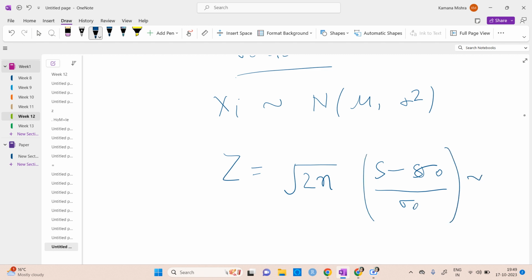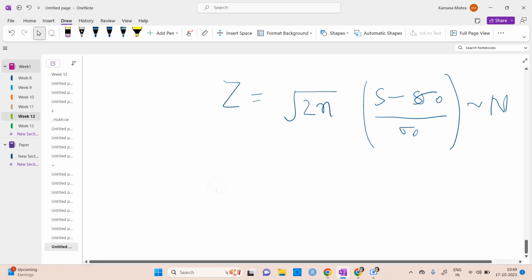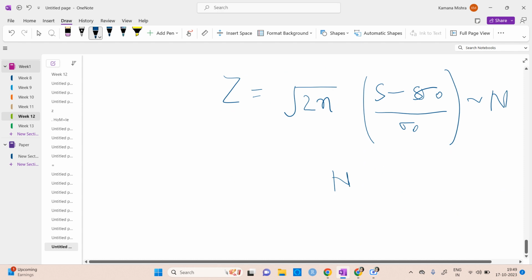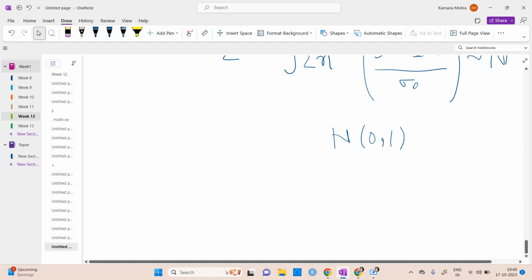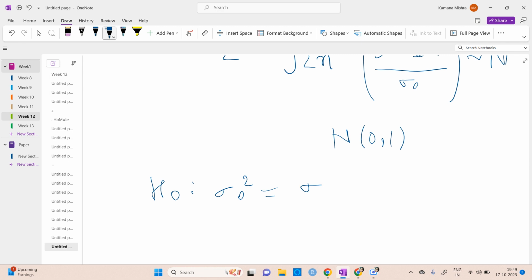This follows the standard normal N(0,1). The null hypothesis is sigma square equal to sigma naught square, and H1 is sigma square not equal to sigma naught square.